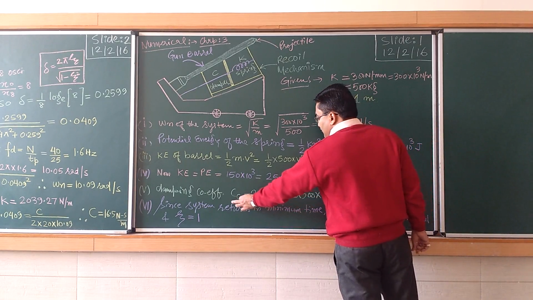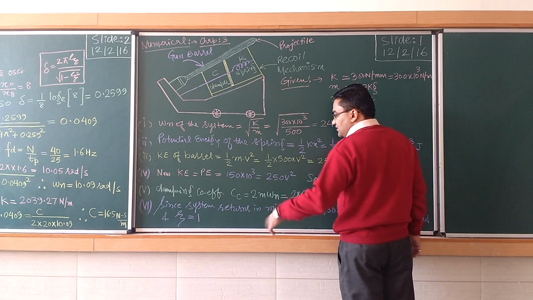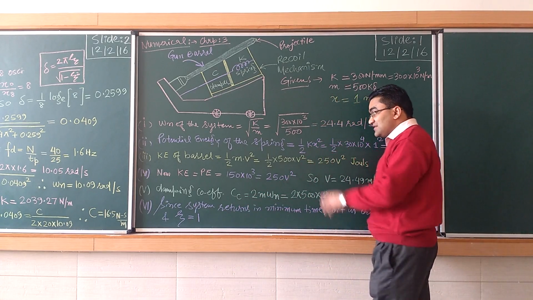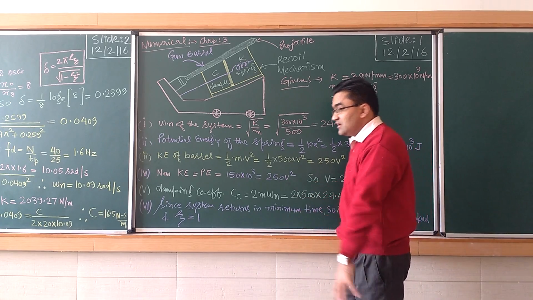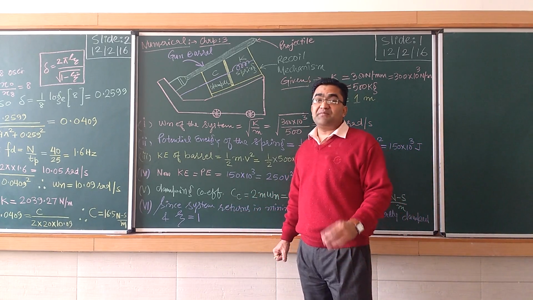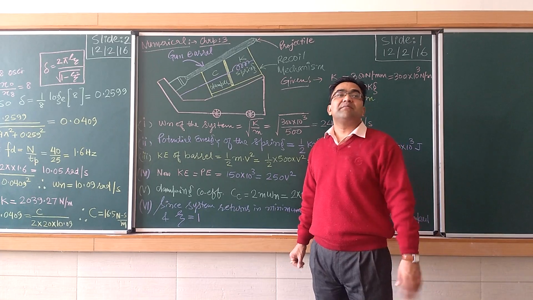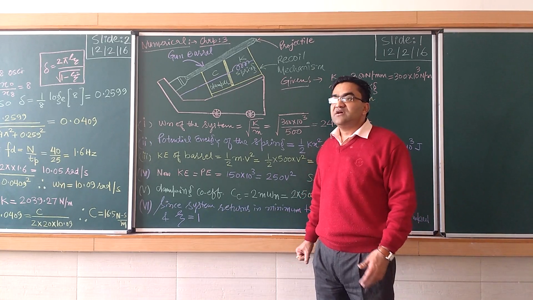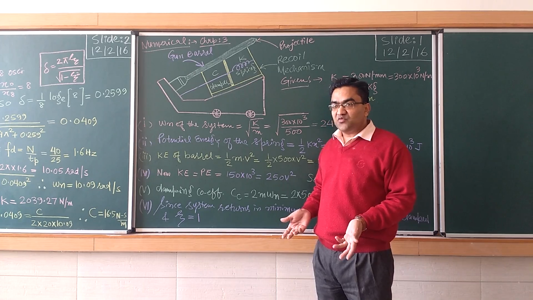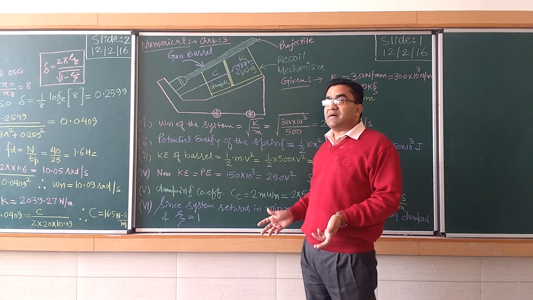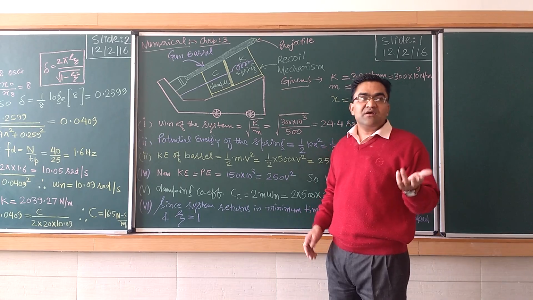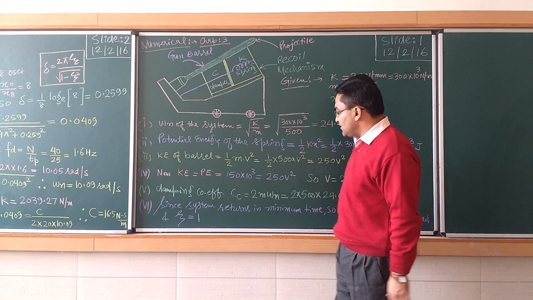Now, second point, we have to find out the damping coefficient. In this numerical, the damping coefficient will be equal to the critical damping coefficient, Cc, because your damping factor is 1, because the system is coming back to the original position within minimum possible time.